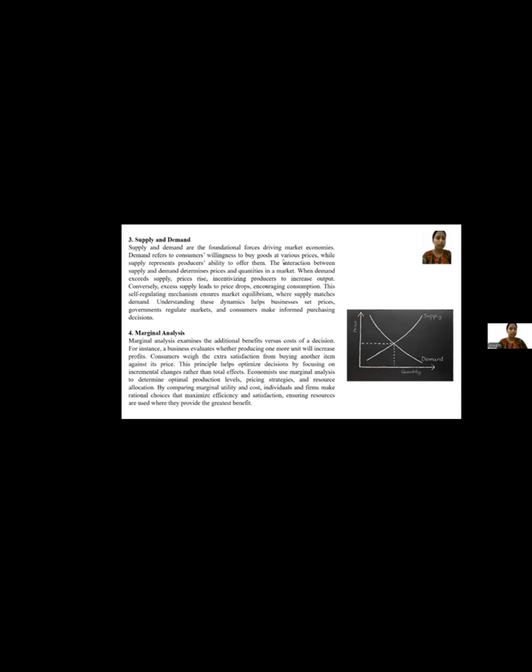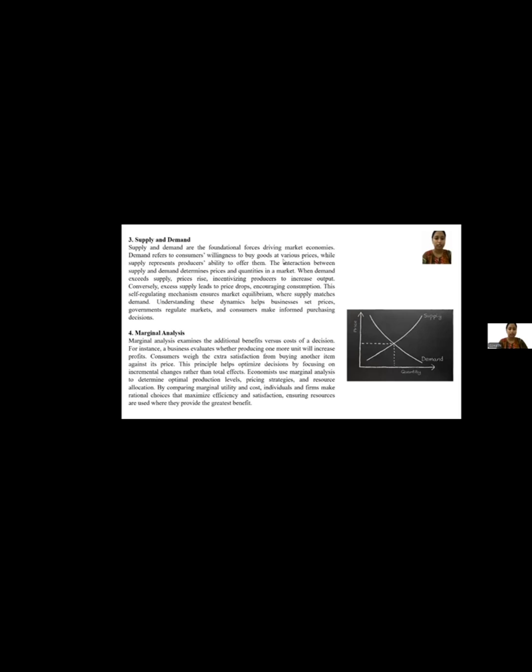Marginal analysis. Marginal analysis examines the additional benefits and costs of a decision. For instance, a business evaluates whether producing one more unit will increase profits. Consumers weigh the extra satisfaction from buying another item against the price. The principle helps optimize decisions by focusing on incremental changes rather than total effect.